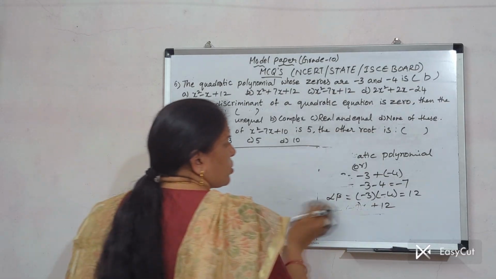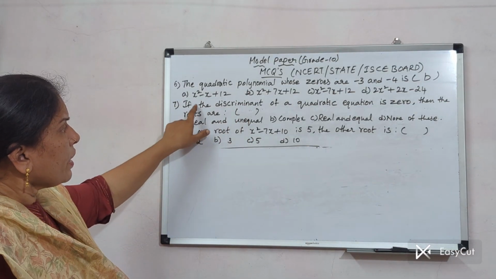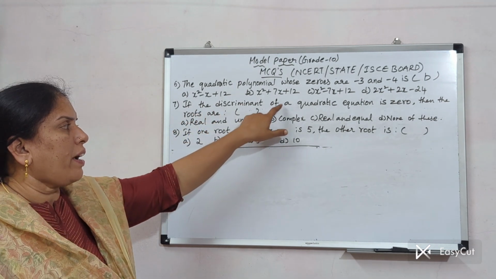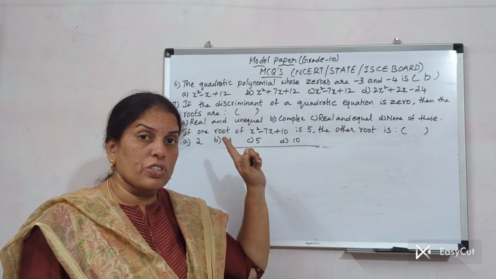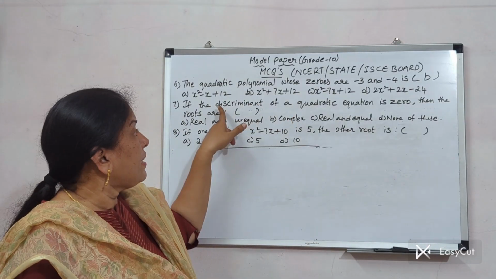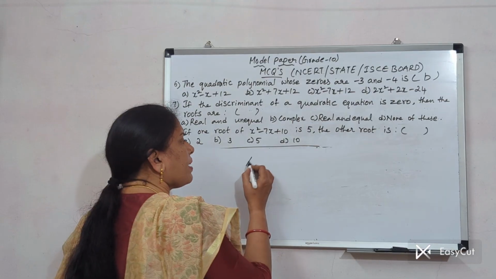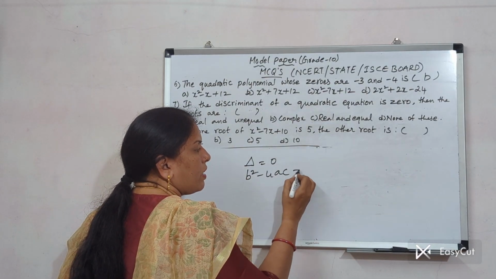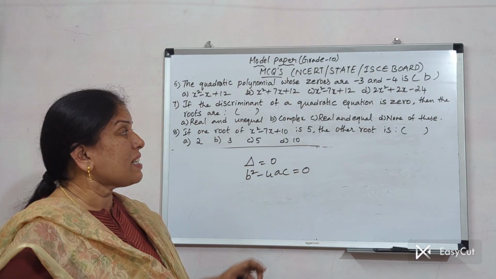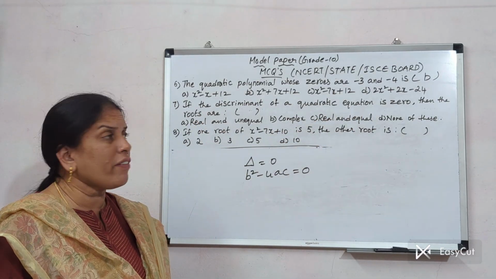What is the next question? See here: if the discriminant of a quadratic equation is 0, that means b square minus 4ac equals 0, how will the nature of the roots be?